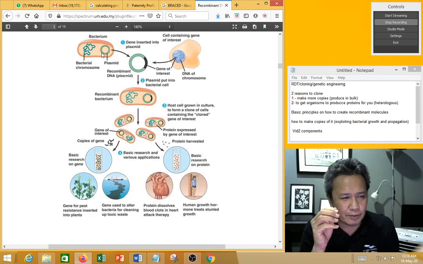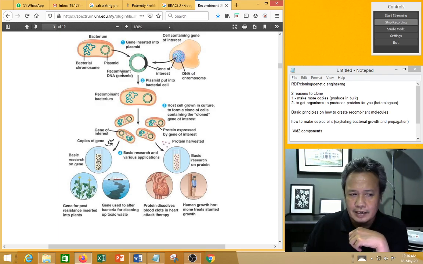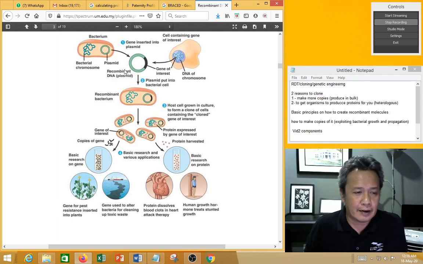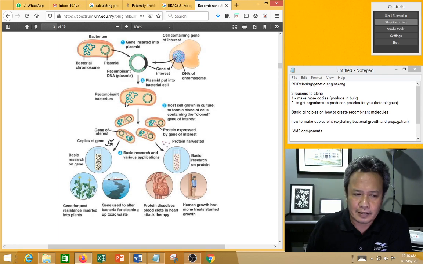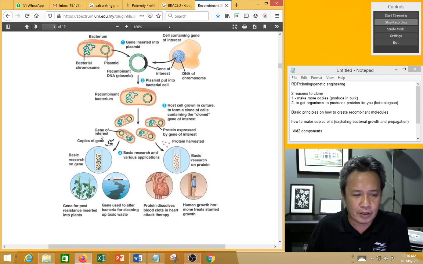So we take the plasmid out, we take the gene out, join them together, and then here you get your recombinant DNA, and then you put it back into the bacteria. As the bacteria grows and makes copies of itself, it also makes the copies of the plasmids for you. And this is one reason you want to do cloning: to make copies of the gene, so then you get the gene out again, and then you can do studies on it.